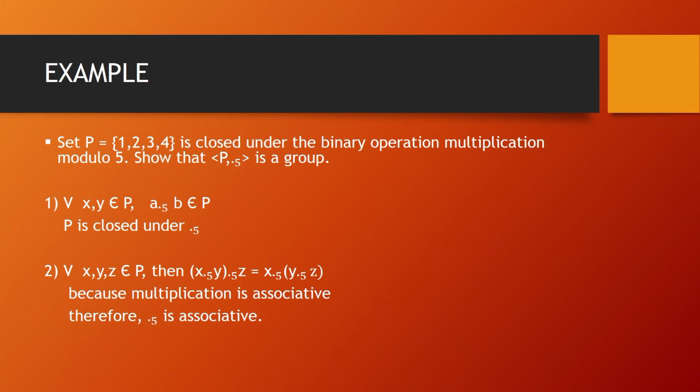For all elements x, y, z in P, x in the bracket x multiplication modulo 5 y, multiplication modulo 5 z, is equal to x multiplication modulo 5 in the bracket of y multiplication modulo 5 z, because multiplication is associative. Therefore, multiplication modulo 5 is associative.